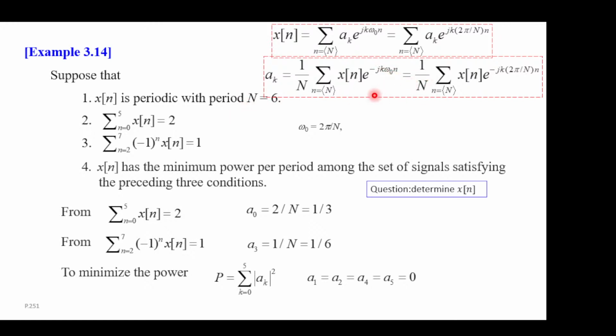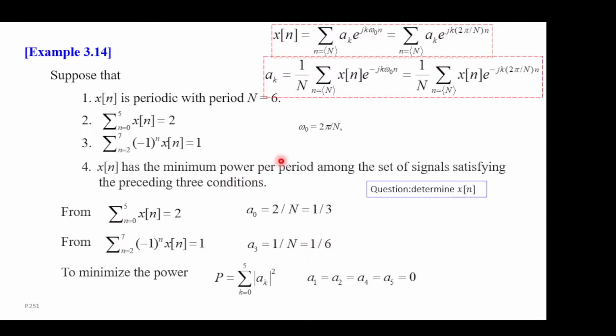Because omega naught is 2 pi divided by N. So if you have k equal to half of N, then k omega naught will equal pi. So if you have a half frequency, then this e to the jk omega naught n will be the highest frequency you can get in discrete time, which is -1 to the n. And this thing actually corresponds to A3. It's A3 times N, so you divide by N, and you get A3 is 1 over 6.